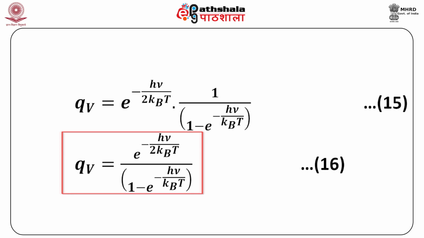If this is rearranged, we ultimately get the expression for the vibrational partition function shown in equation 16. Qv, the vibrational partition function for a diatomic gaseous molecule, is equal to e to the power minus h nu upon 2 kB T divided by 1 minus e to the power minus h nu upon kB T.